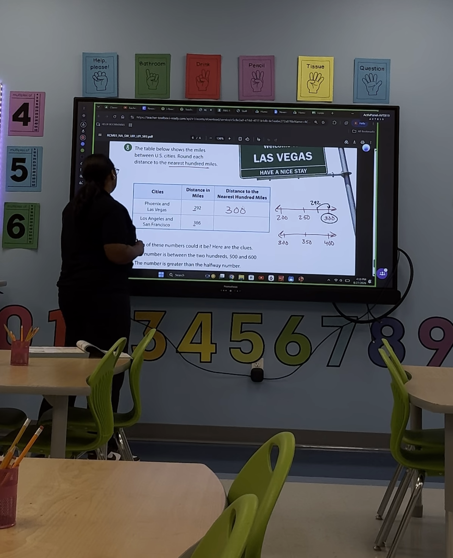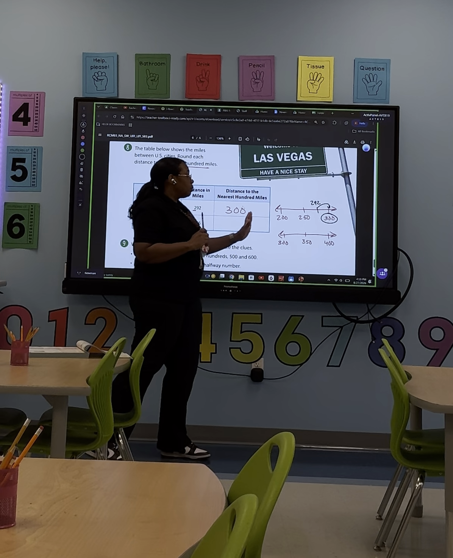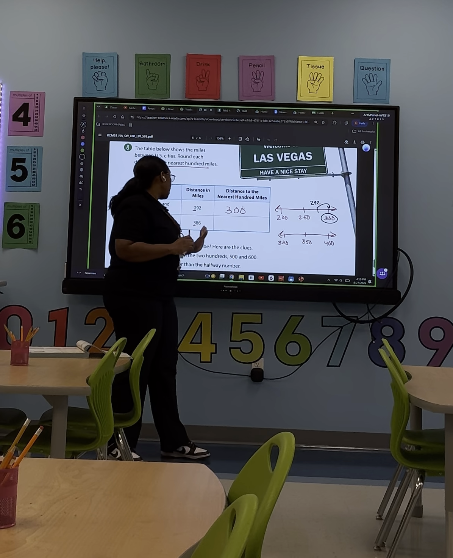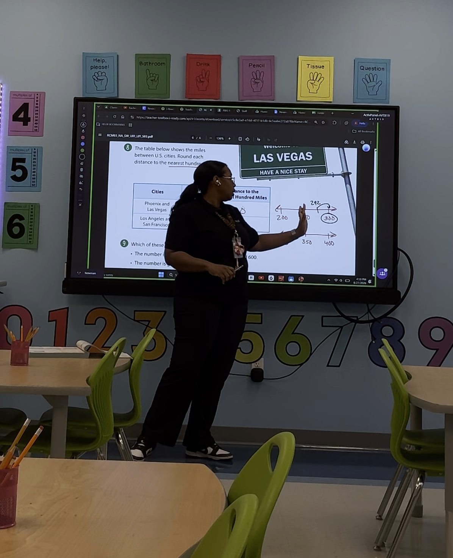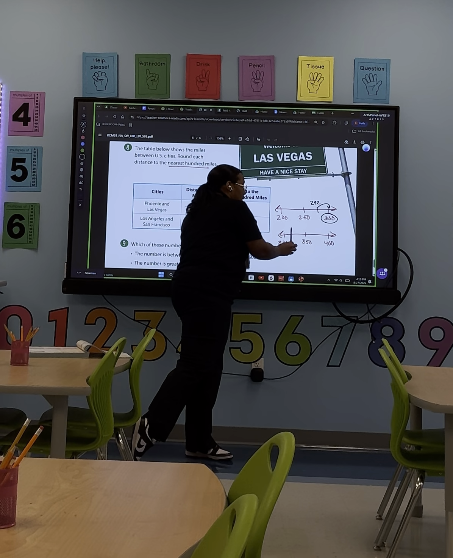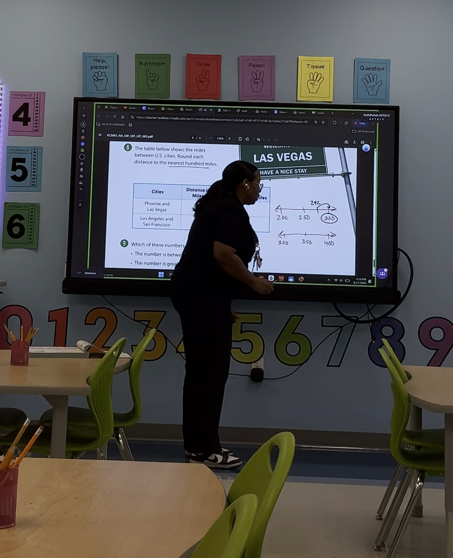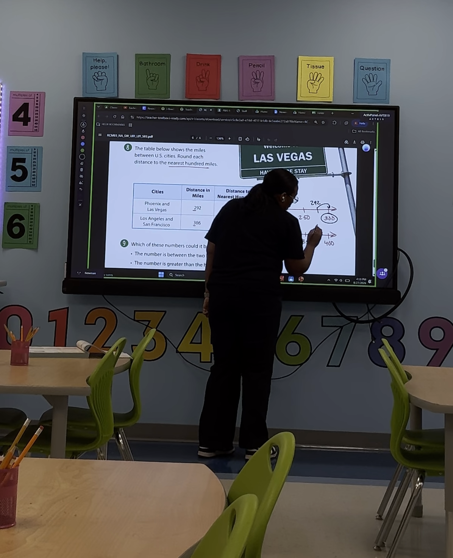All right, so now let's go ahead and see where our number is going to be on our number line. So we're going to ask the question, is 386 greater than 350 or less than 350? Well, it is greater than 350, so it's going to go on this side of the number line.